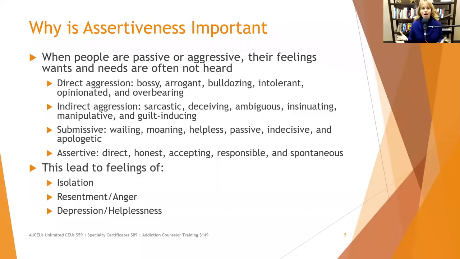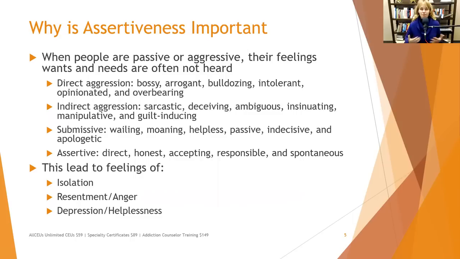So in group, we talk about different examples of what direct aggression looks like. If I'm being aggressive, and that's what we generally think of as direct aggression, what does it look like, and what kind of behaviors might you see?